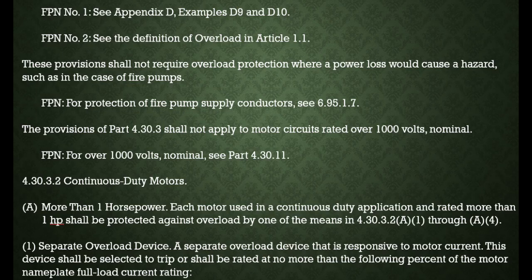For continuous duty motors over 1 horsepower, overload protection is required via methods in 4.30.3.2a 1 through a4. A separate overload device must be responsive to motor current and rated at a specific percentage of the motor's nameplate full load current.